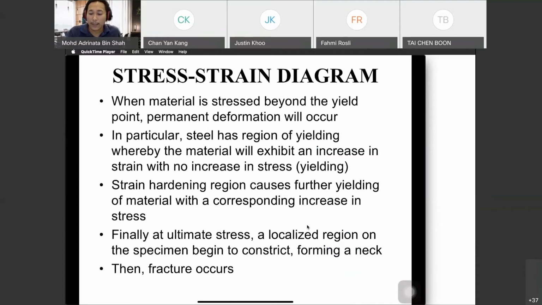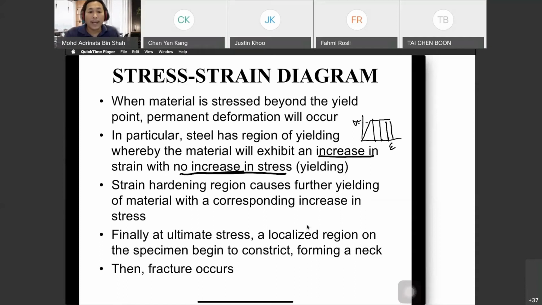So from the graph, from the elastic region, it is past the yield stress, and the value of stress is the same, but the difference is in your strain. So no increase in stress, but an increase in strain.